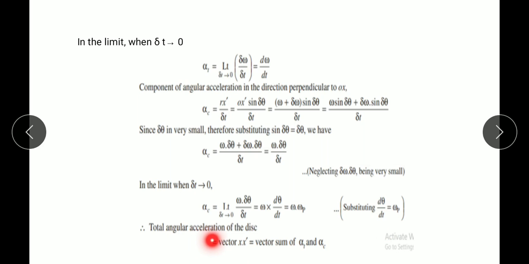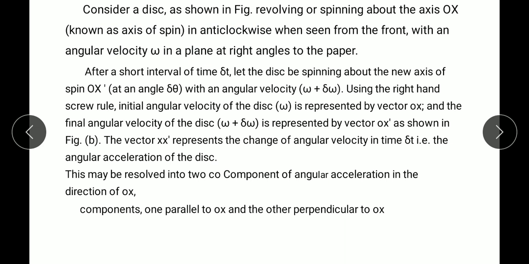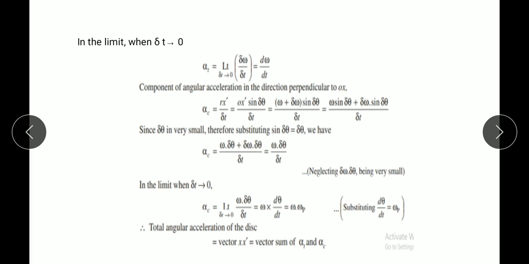Therefore the angular acceleration of the disk is the vector XX dash. XX dash equals xr plus xr dash, the sum of alpha t and alpha c.